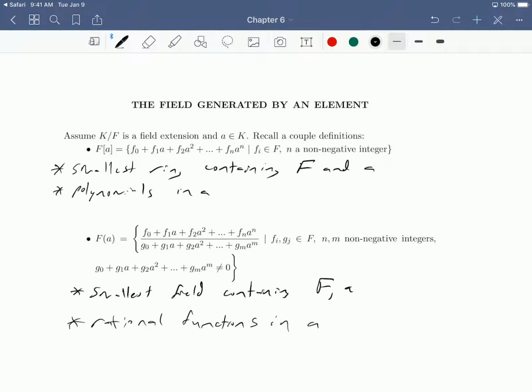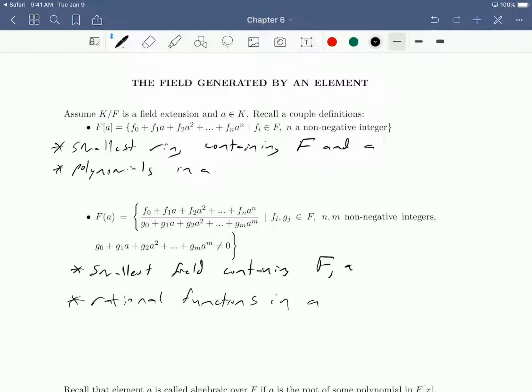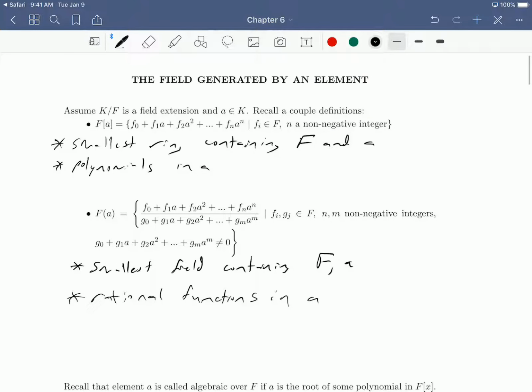Okay, so what we want to do is compare these two, and I think that I've alluded to this before, but our main question is when are these the same thing? So when is the ring really a field? So when does F adjoin A as the ring equal F adjoin A as the field?